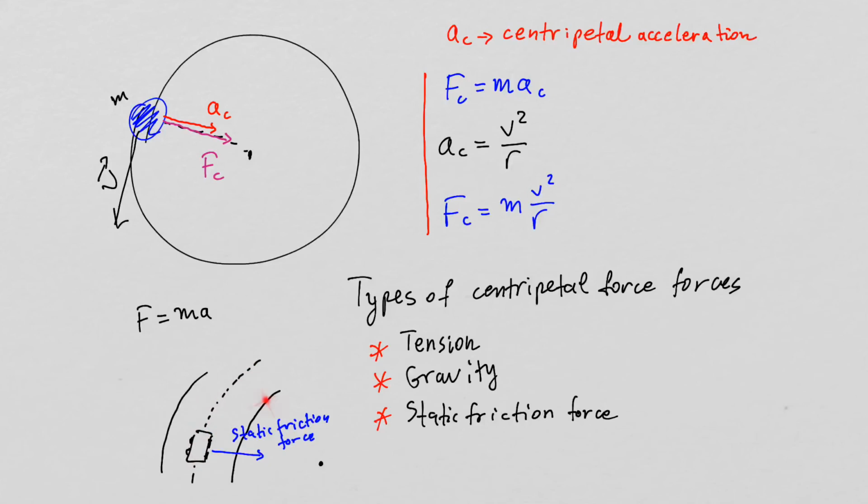In this case, the static friction force will be insufficient to keep the car fixed in the middle of the road, and then the car will slide in either direction or off-road. So these are three examples of specific forces that can play the role of centripetal force.